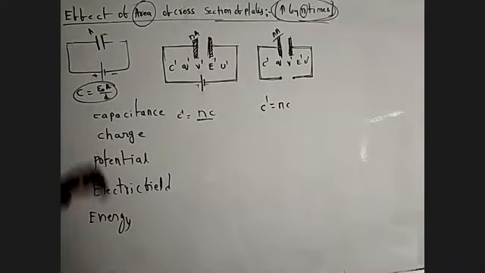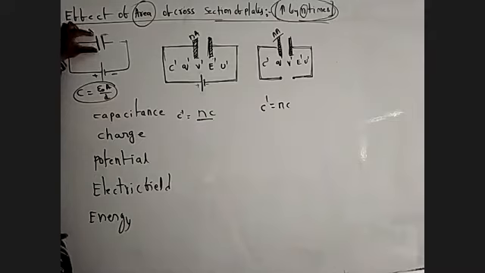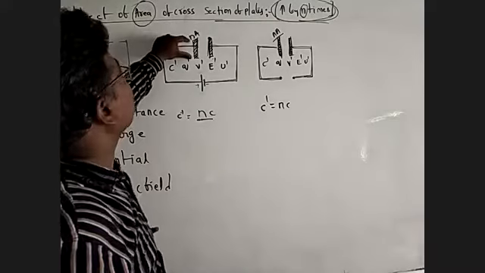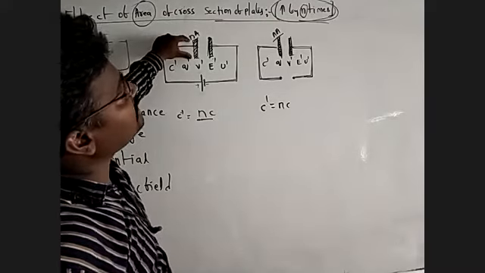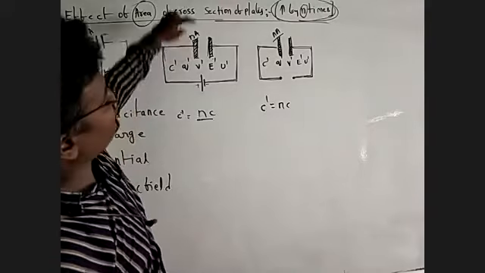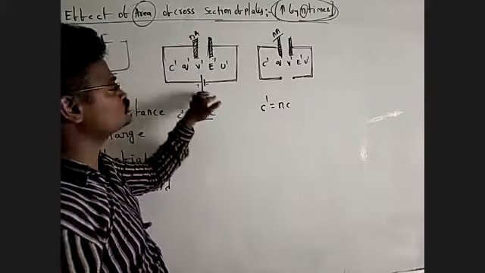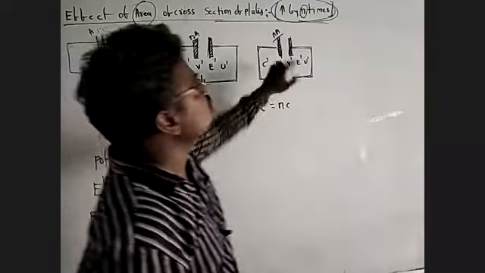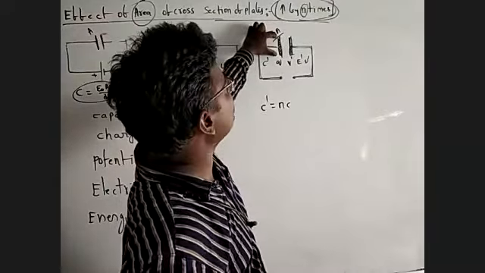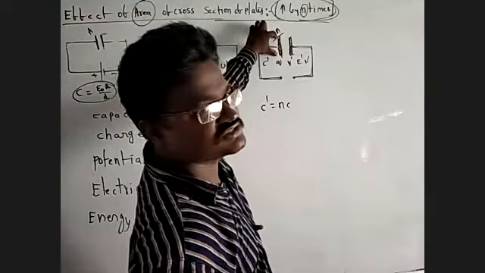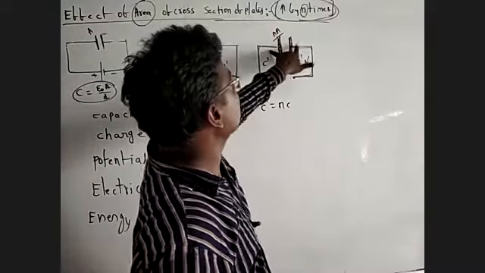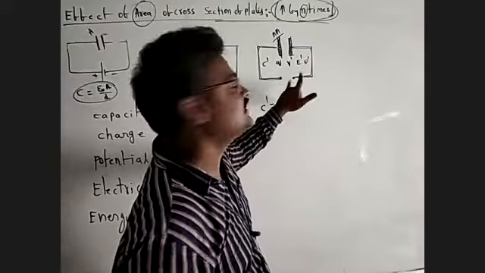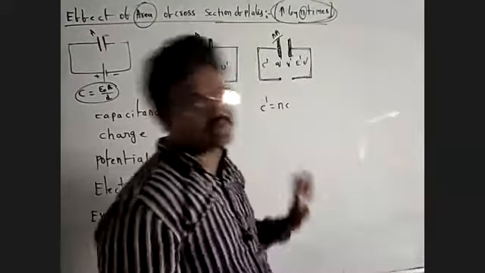What will happen? Here the cross-sectional area of the plate is increased by N times. When it is connected to the battery, does the capacitance increase or decrease? That is my question.